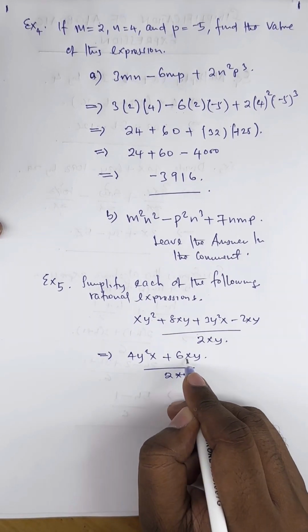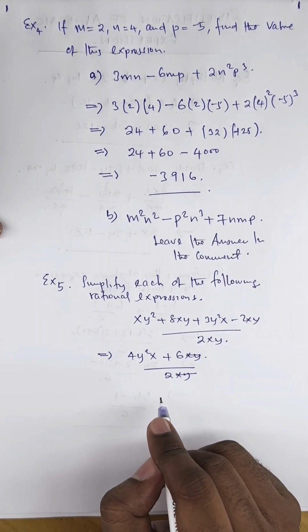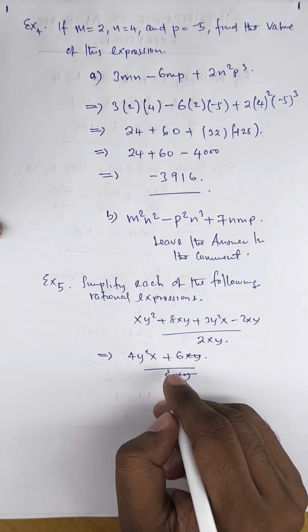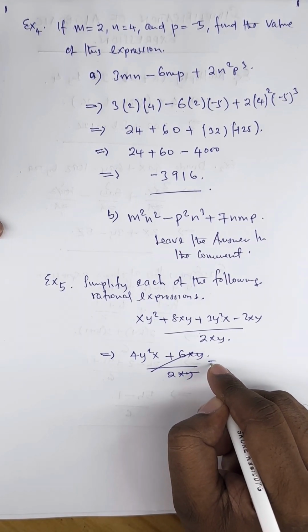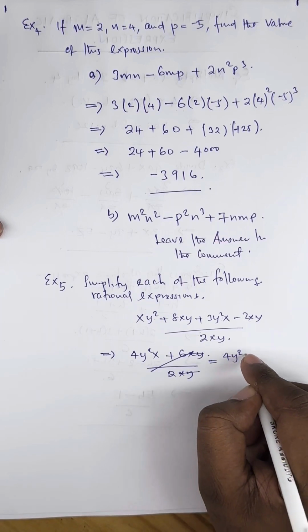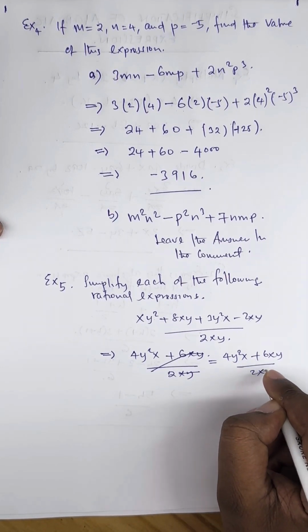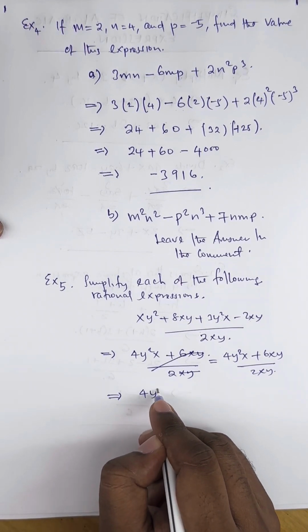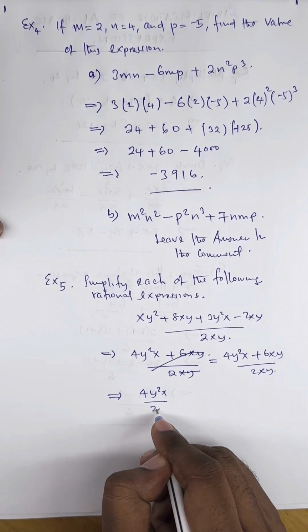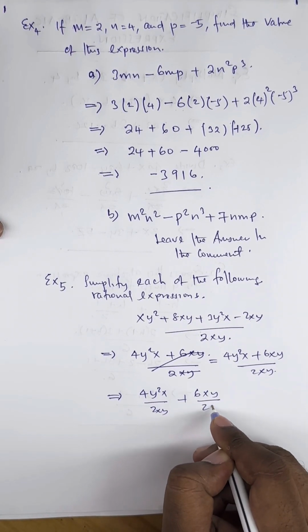So xy and xy go, yeah, so you should not do this. Don't do this. After you did that, it will be the same as 4y square x plus 6xy over 2xy. So separate it, the same as you say 4y square x over 2xy add 6xy over 2xy.